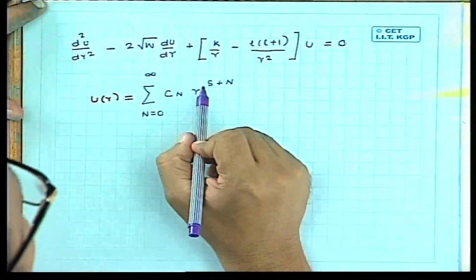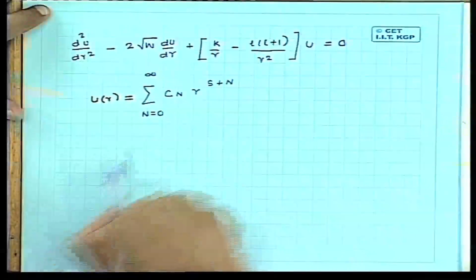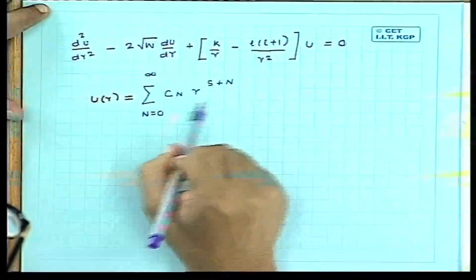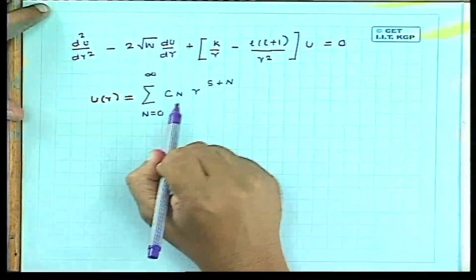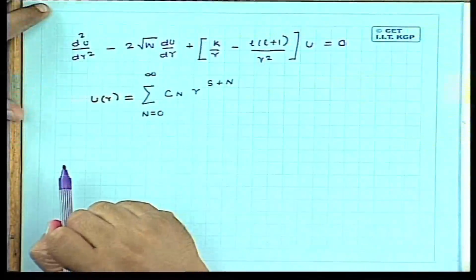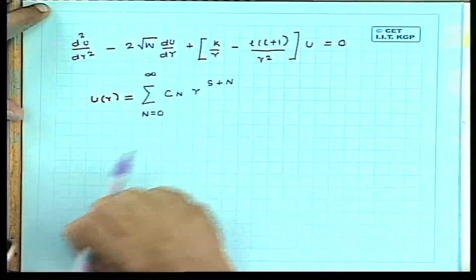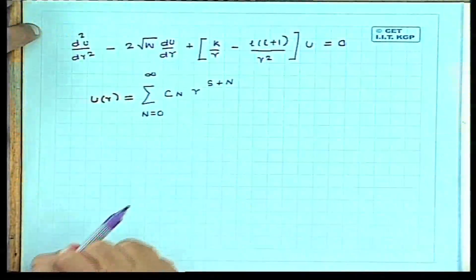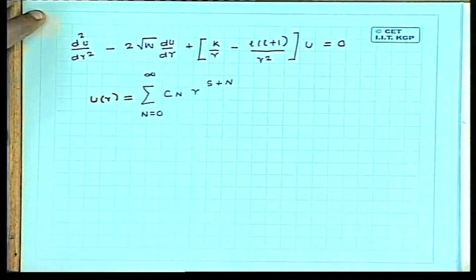The variable s appears over here because the lowest power which we may get in this series expansion may not be r to the power of 0, and we have to first determine what this s is. That is the first part, and then we have to see what the relation between these coefficients is.